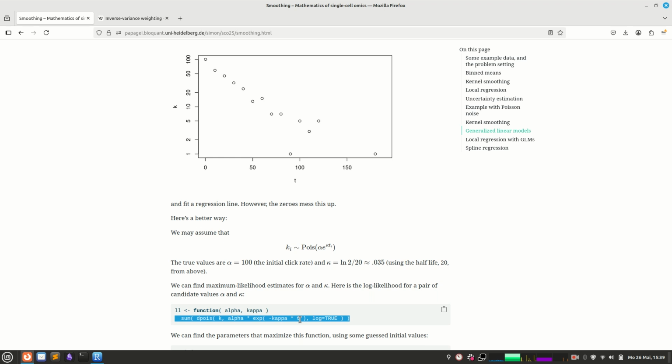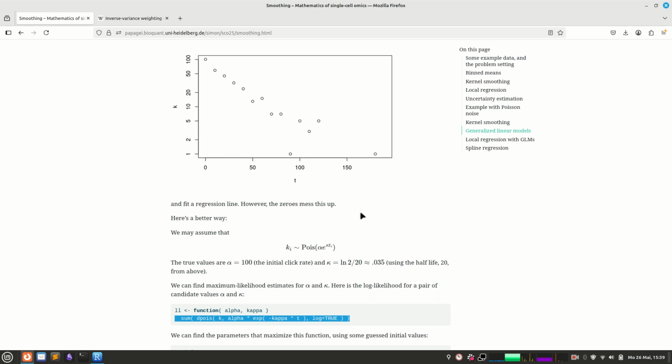Sometimes the power is minus kappa ti, and sometimes it's plus kappa ti. There's a minus missing here because I put the kappa here positively. But actually, it would be better for what comes if I put the minus here. Let's imagine the minus is here, the missing minus. So kappa is negative.